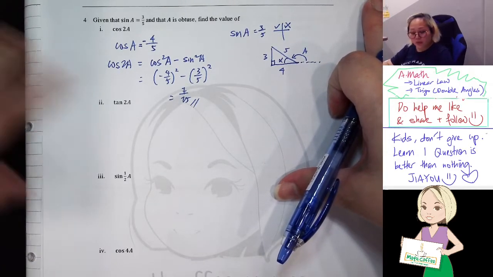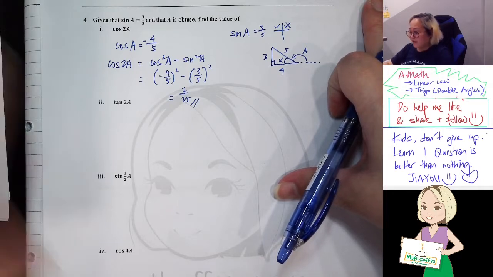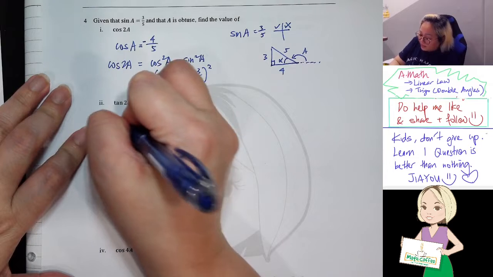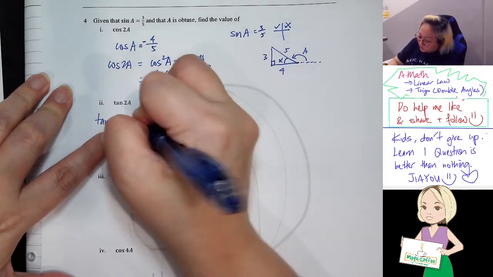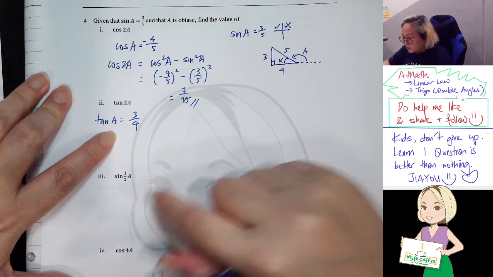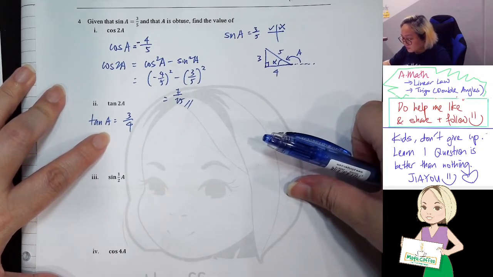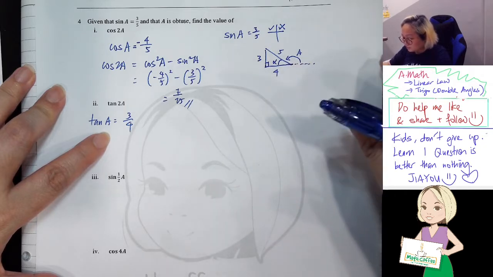Now, tangent 2A. So how do you find tangent 2A? I can find my tangent A first. So again, find your tangent A, which is referring to this triangle, O over A, which is 3/4. Again, ask yourself, wait, how is sine of the basic angle the same as A? What do you mean?